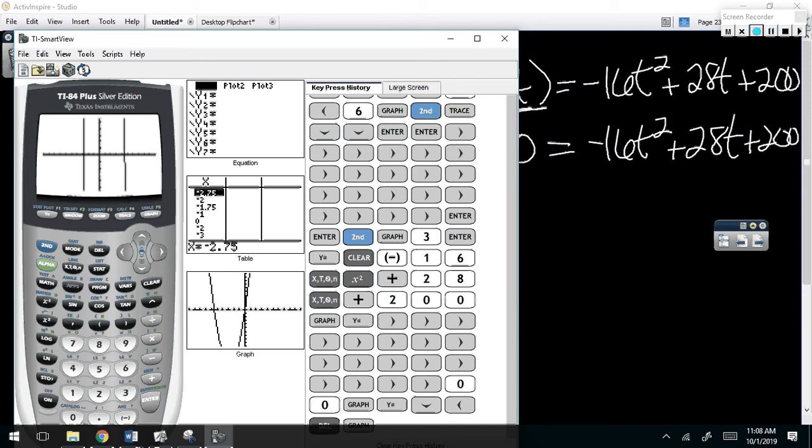The x-axis is my time and the y-axis is my height. I can't have negative time or negative height, so this is a real world problem that's only in the first quadrant. So you only have one solution.